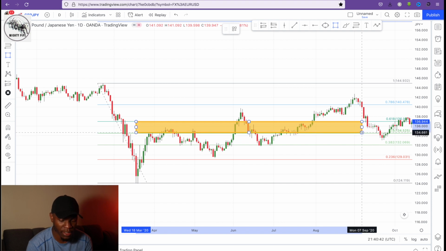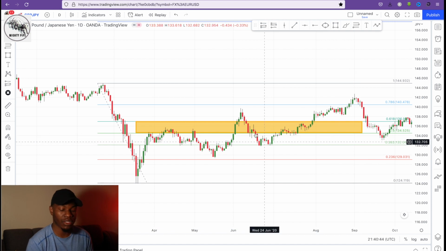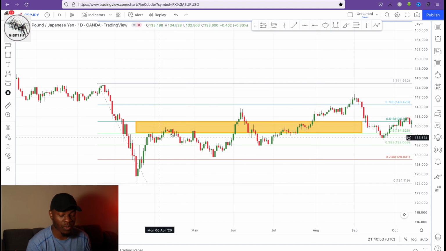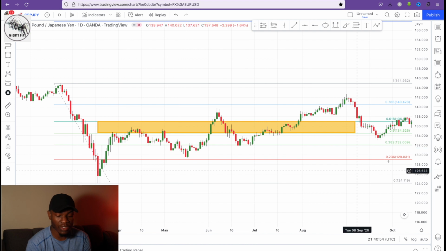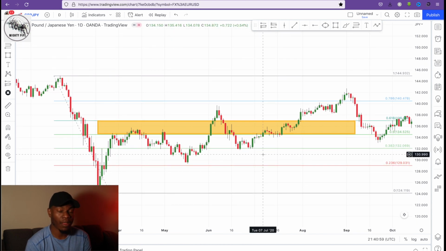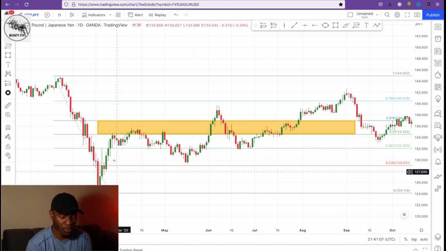Okay, because guys, remember that all this price action was not there. We're just drawing it from this retracement. So after you've drawn your Fibonacci golden zone like that, what you want to do at this point is wait for price to come to your golden zone.